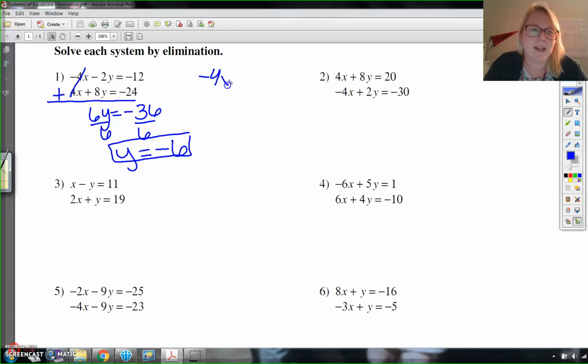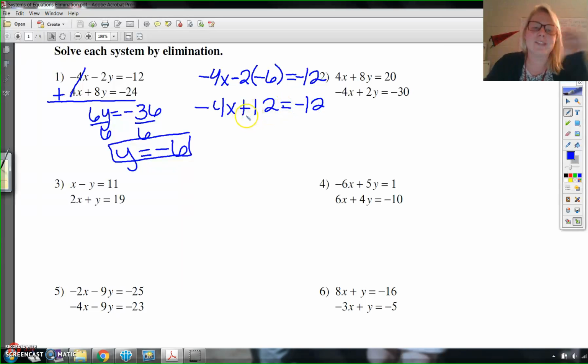So negative 4x minus 2 times my y, which is negative 6, minus my 2, equals negative 12. I'm just going to solve for x now. Negative 4x plus 12 equals negative 12. So to solve for 4x, I need to subtract my 12.